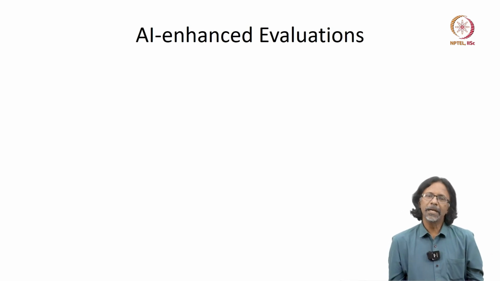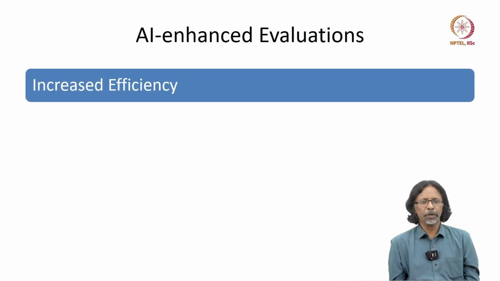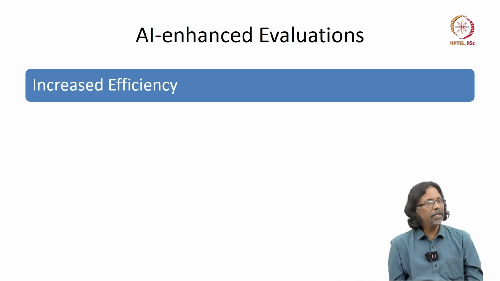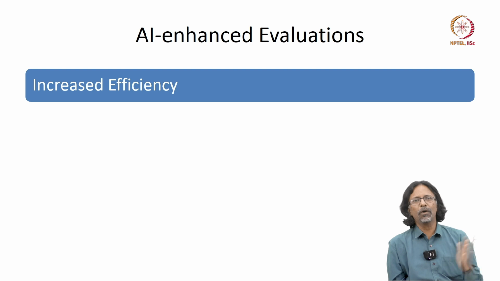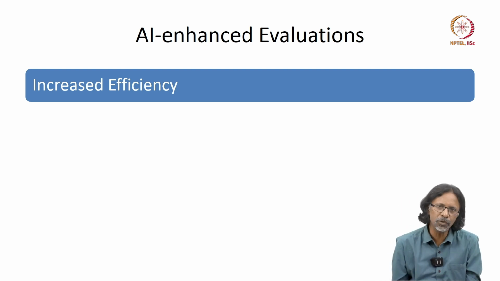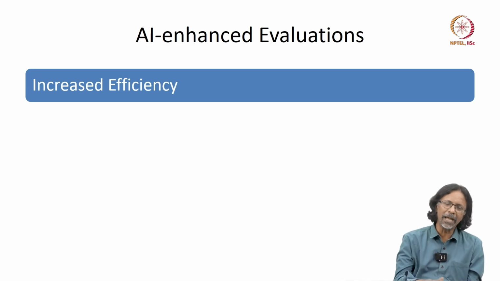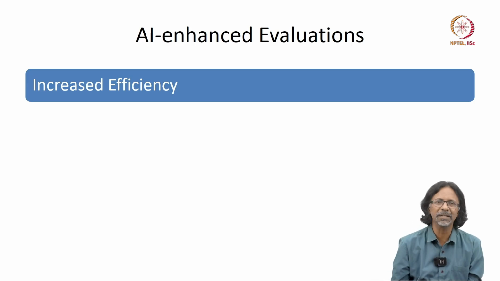Now, AI-enhanced evaluations. Definitely it will improve efficiency, because we already saw that one way to increase the efficiency of evaluation is to use assessment item types which are automatically evaluatable. That's where we use the term selection type items.